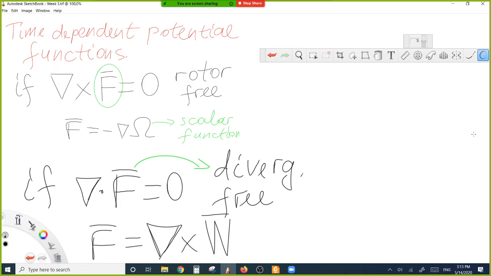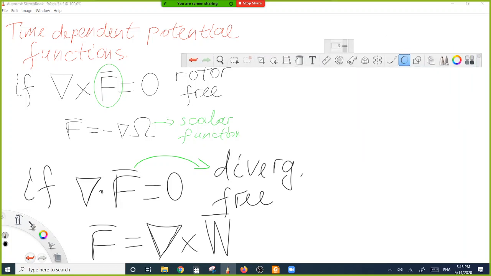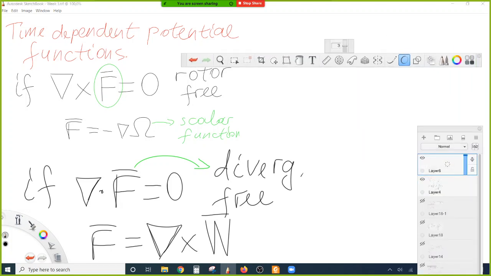However, in general, we may use both scalar potential and vector potential.